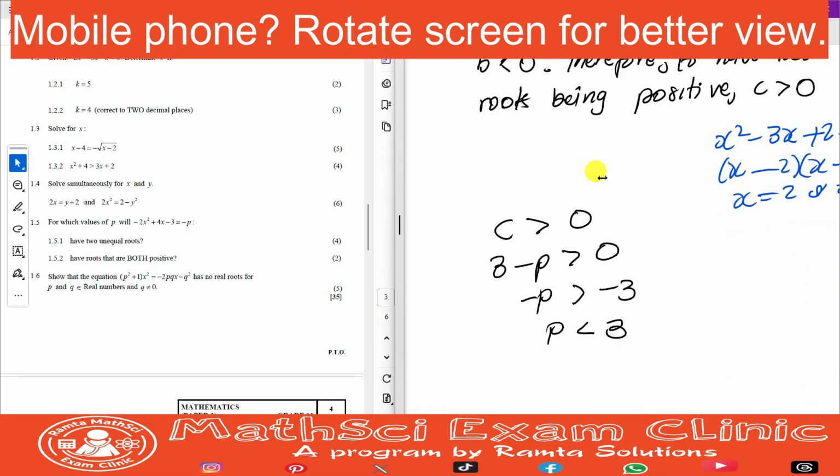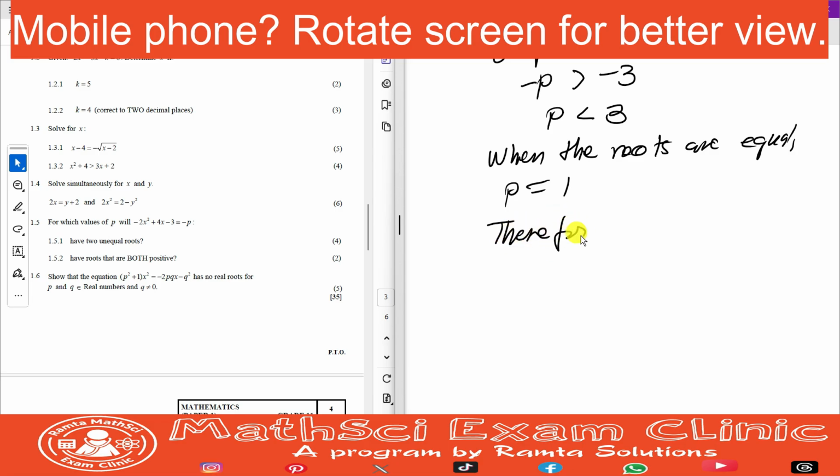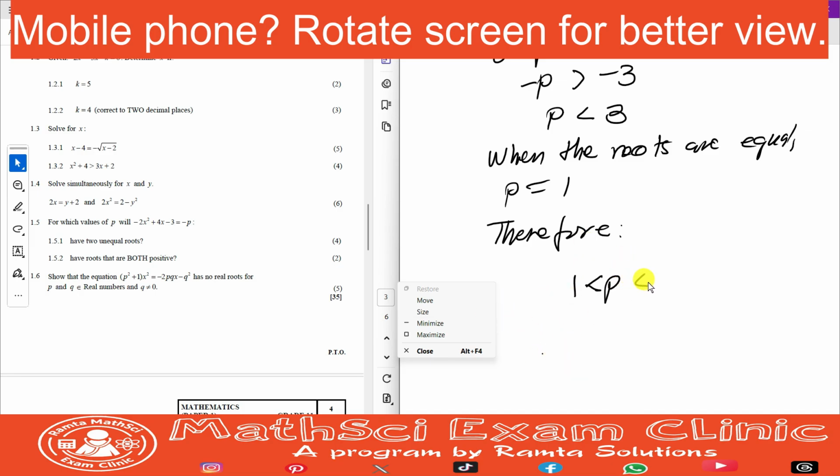So to answer this question, I will say when the roots are equal, p equals 1. Therefore, to have two positive roots, p must be greater than 1 but less than 3.